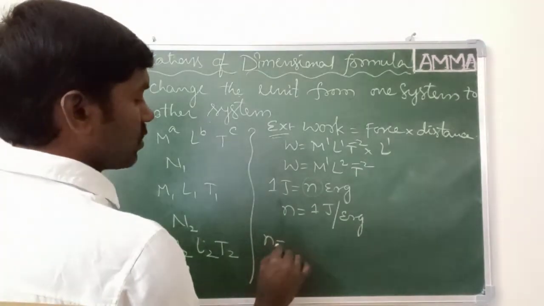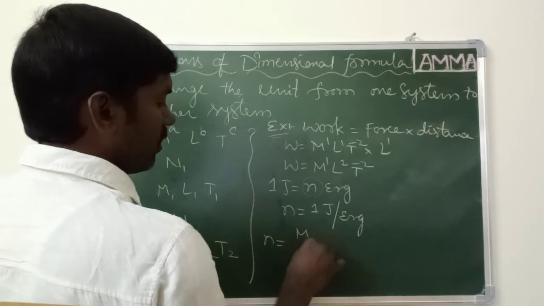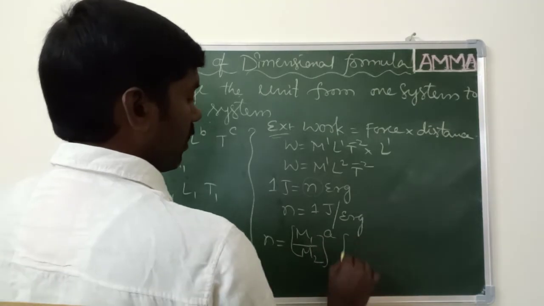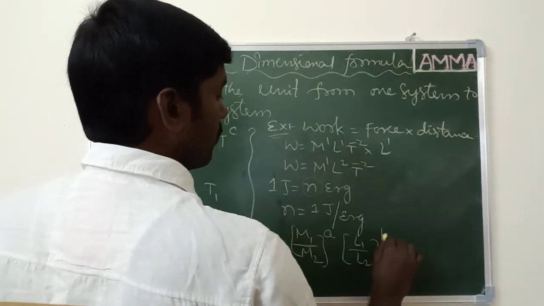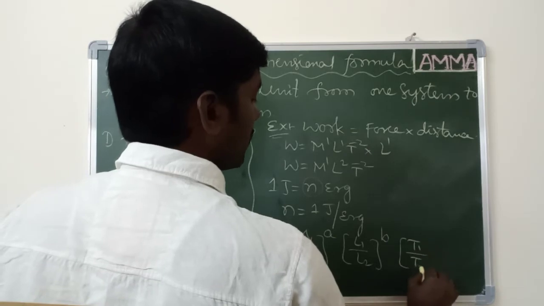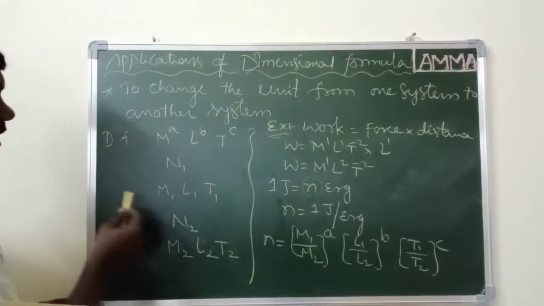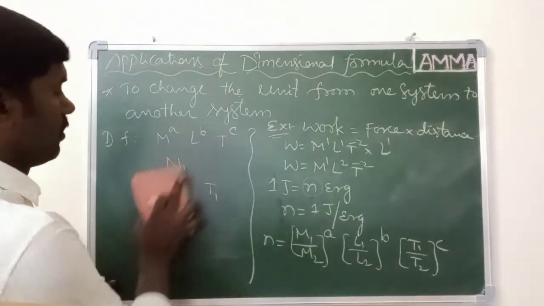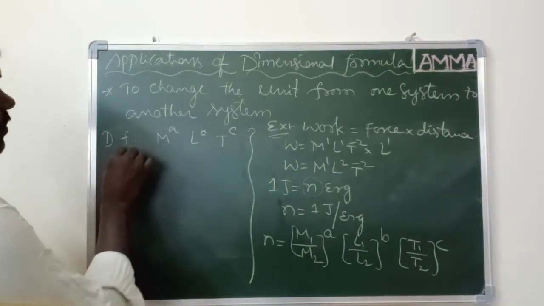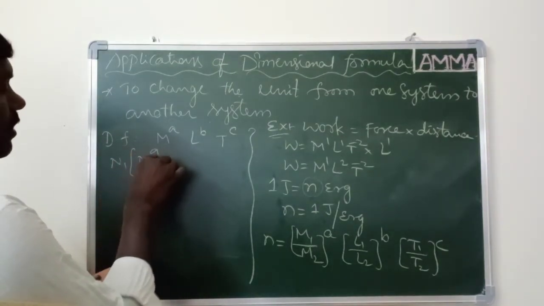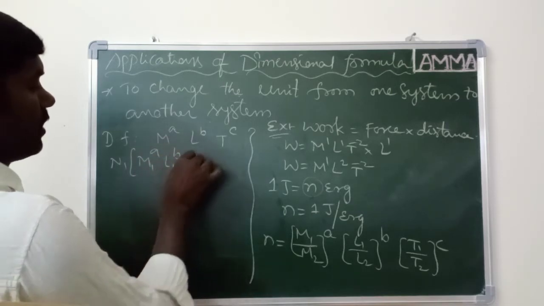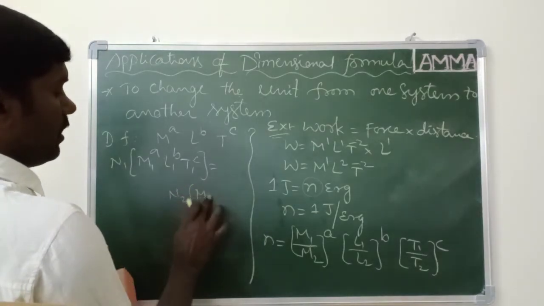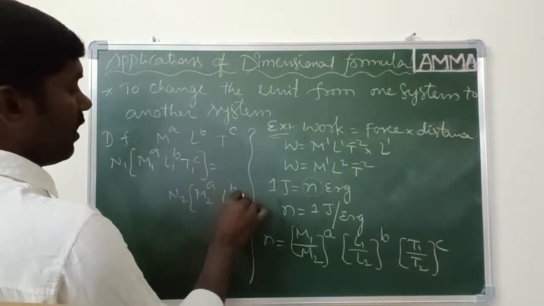Then n is equal to (M1 by M2)^a (L1 by L2)^b (T1 by T2)^c. Because here, we write the expression n1 M1^a L1^b T1^c is equal to n2 M2^a L2^b T2^c.